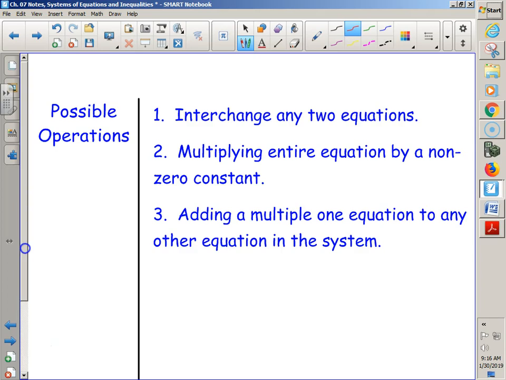Programmers, right? Thinking about how a computer has to think, or has to be given information to be able to process. So to that end, we have to think about, okay, what's legal and what's not? Not just what would pop into my mind to do, but what's legal and what's not. Well, okay, here's what's legal with elimination. Here's getting a little bit more in depth in the process.